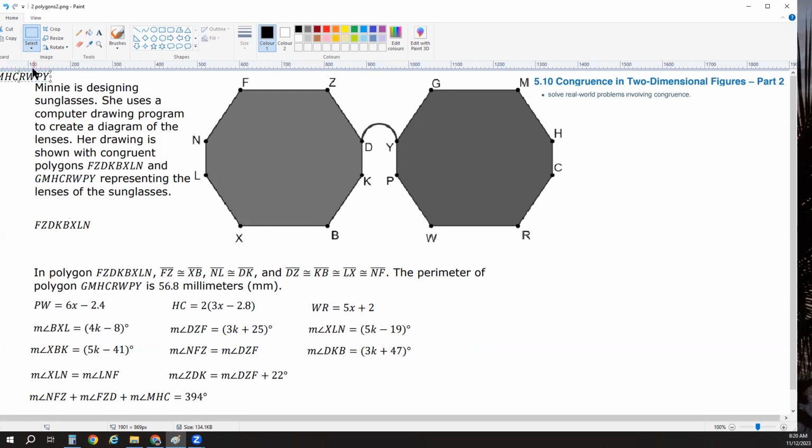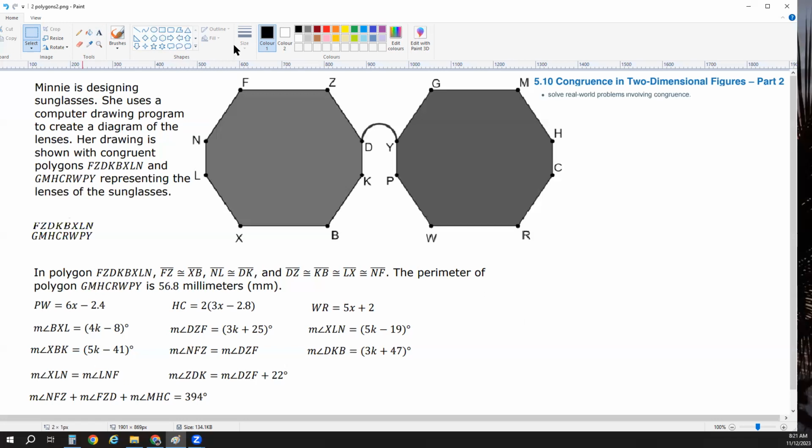It helps you see which letters match up with which letters. You have to stretch this because the letters are different lengths, but line up the letters. Now you can see what line segments accompany which ones.